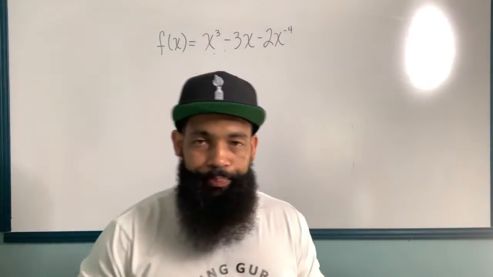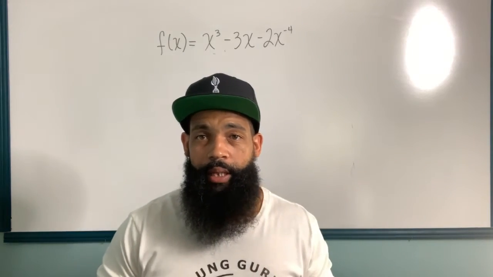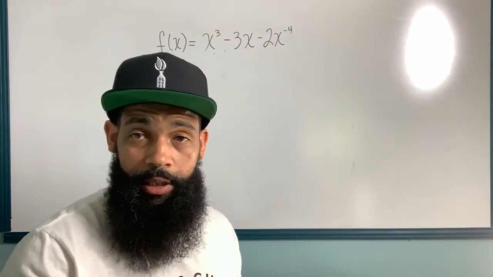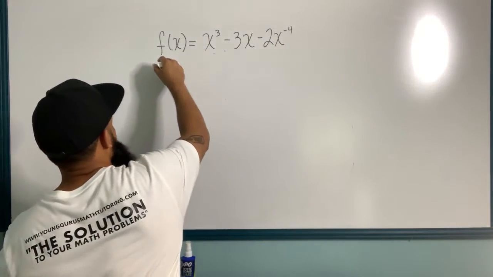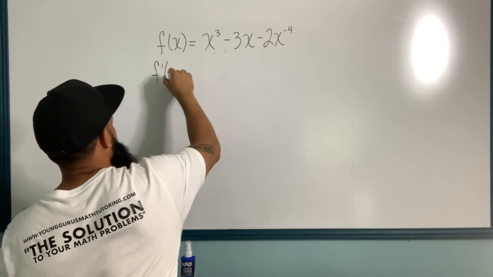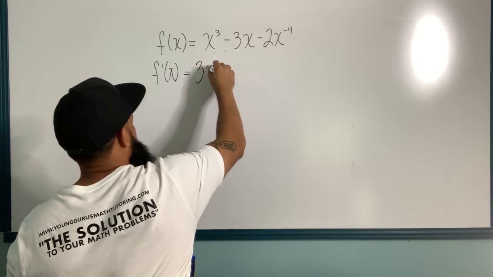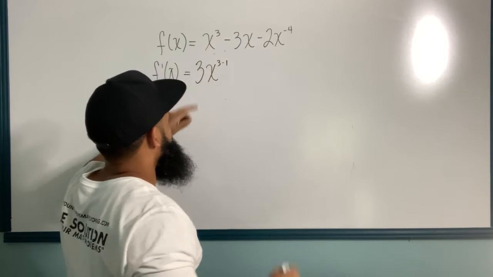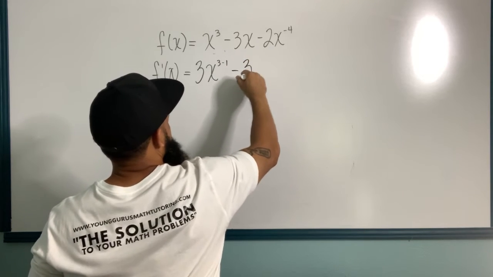Example 3. I have f of x equals x cubed minus 3x minus 2x to the negative 4 power. I'm going to take the derivative of each term. Now this one might take a little more concentration. So f prime of x is equal to 3x to the 3 minus 1 power. I took that exponent and put it in the front. Minus the derivative of 3x, which is just 3.